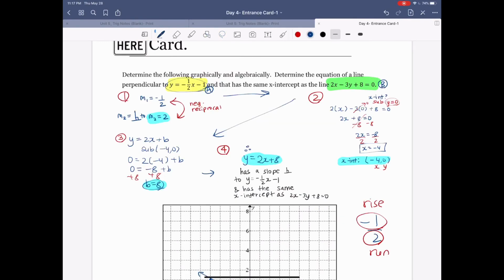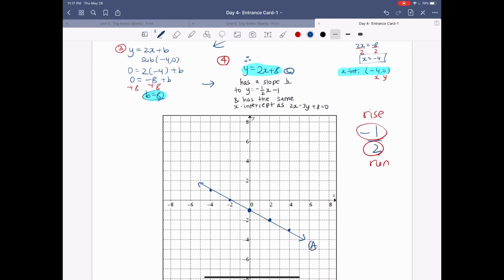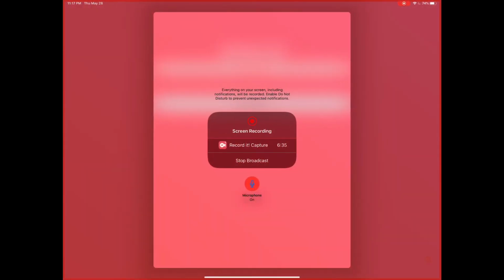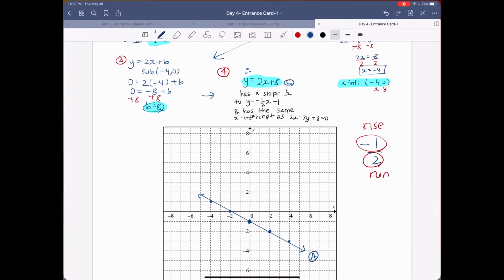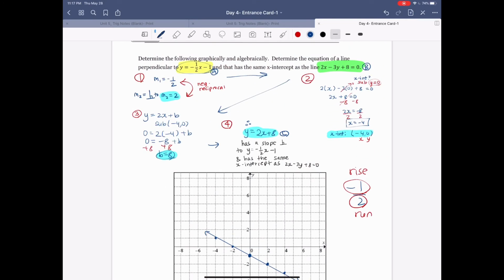And let's say this is line B, and this is my line A. I don't really need to plot B, do I? Well, I could, but then I have to rearrange that one and solve for y.